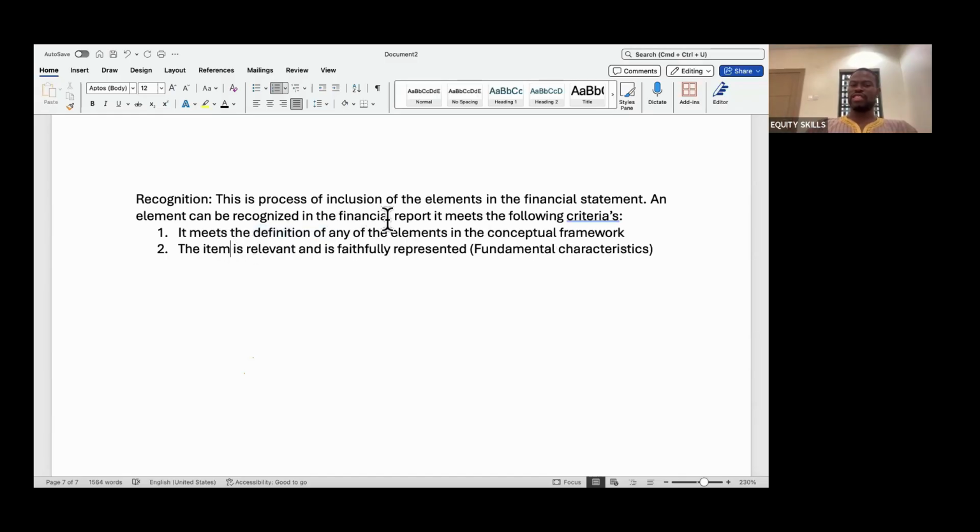And don't forget, relevance and faithful representation are the fundamental characteristics. So if such an item has those two fundamental characteristics, then you can recognize it in the financial statement, right?